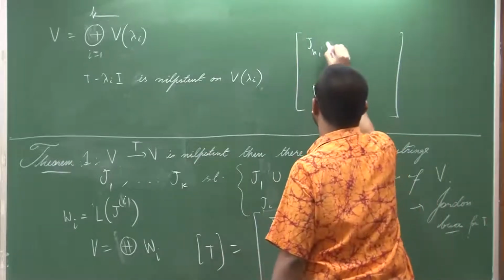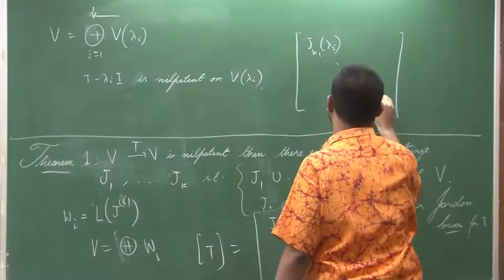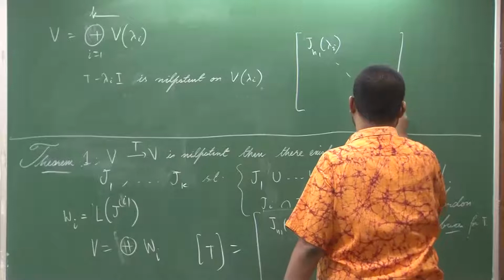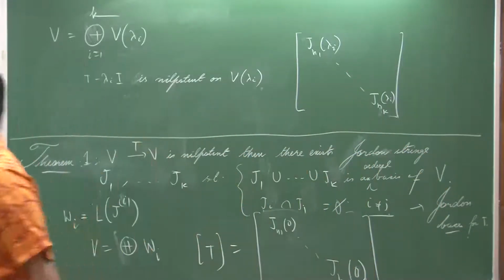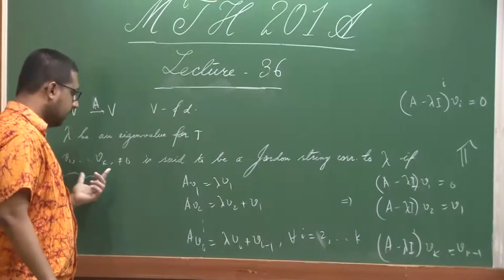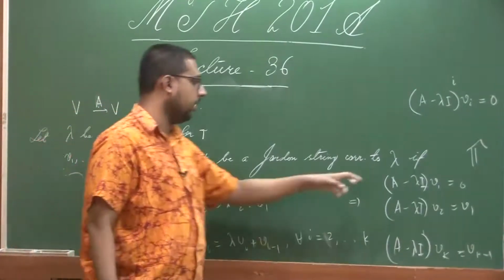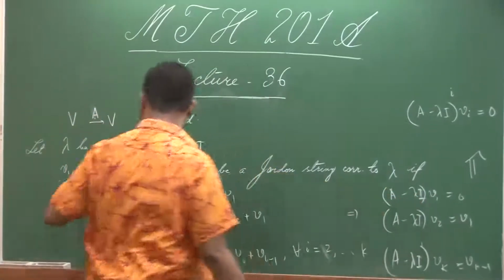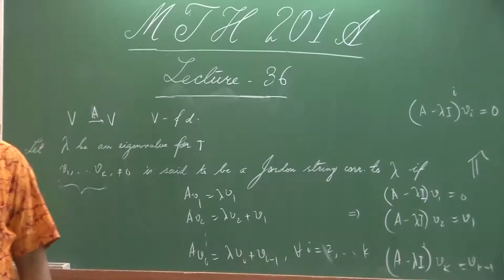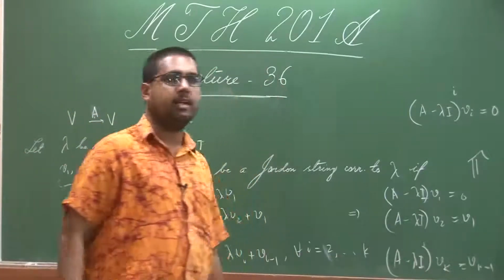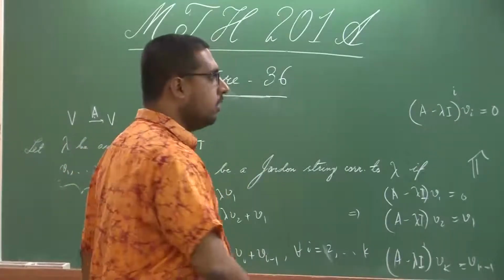So, borrowing notations from here, n k, lambda I. Okay. I think I have written A throughout. Yeah. So, if this is a Jordan string corresponding to an eigenvalue lambda of A, then the same set becomes a Jordan string corresponding to eigenvalue 0 for the operator A minus lambda I, and vice versa.